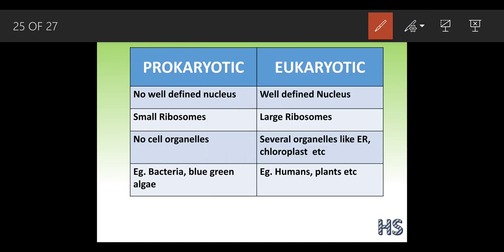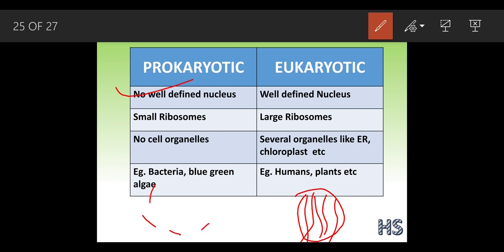In prokaryotes, there is no well-defined nucleus. What does that mean? If you look at a diagram of a bacterium, we have said that inside the nucleus there are chromatin fibers, but they do not have a well-defined nucleus, or the nucleus is absent.